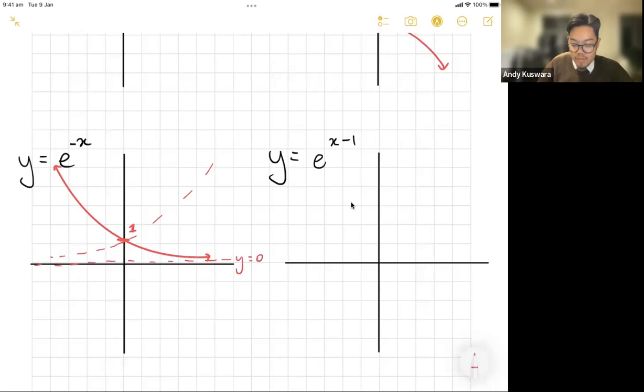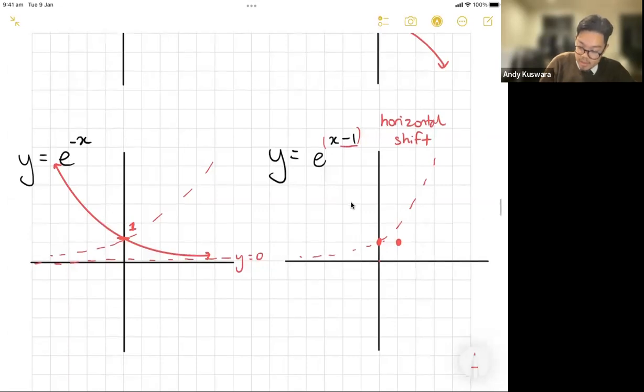What happens if I had -1 in the power? There's actually a horizontal shift, which means I'm going to move 1 to the right. Normally I would cut here at 1. There's my original, but I'm actually going to move it over 1 to the right because of my -1. That is going to become my new graph.